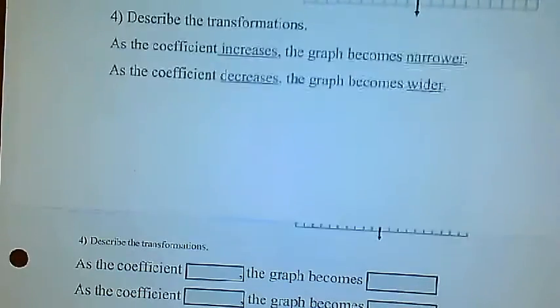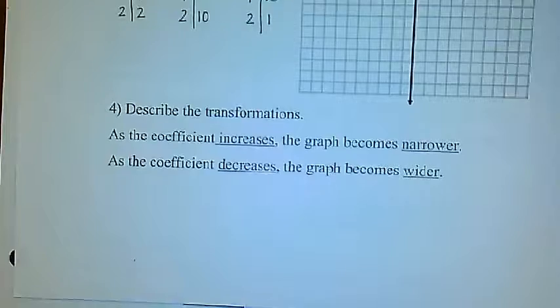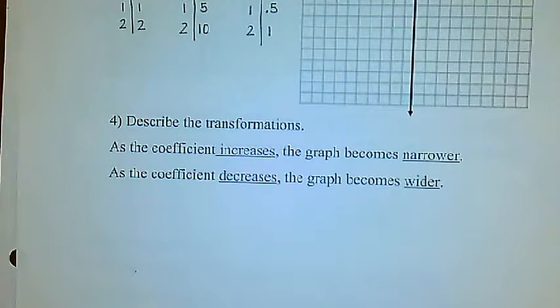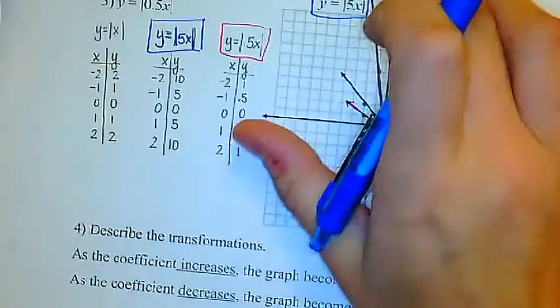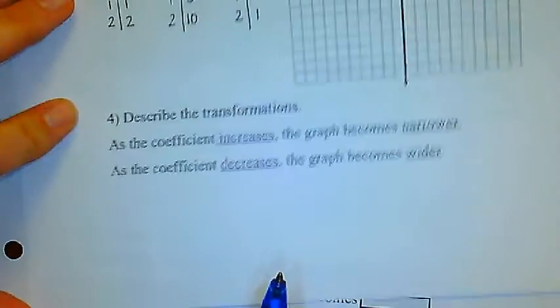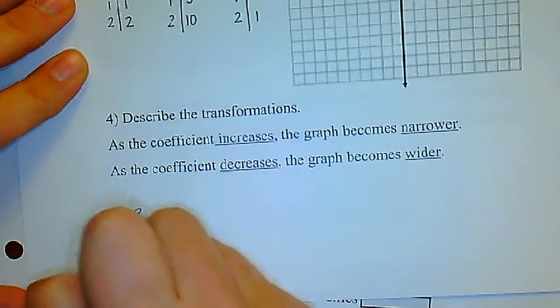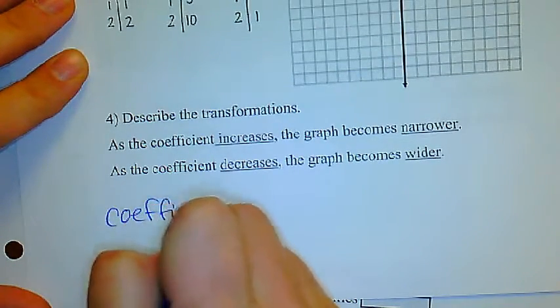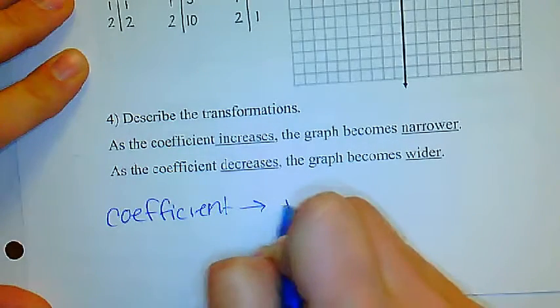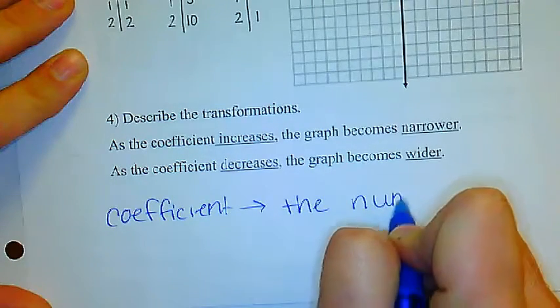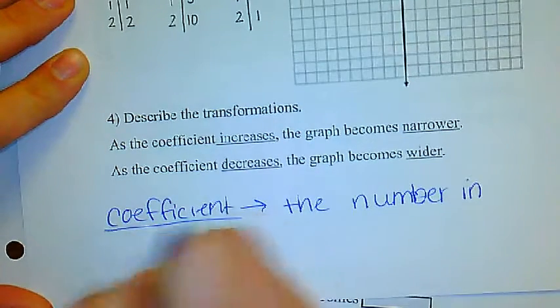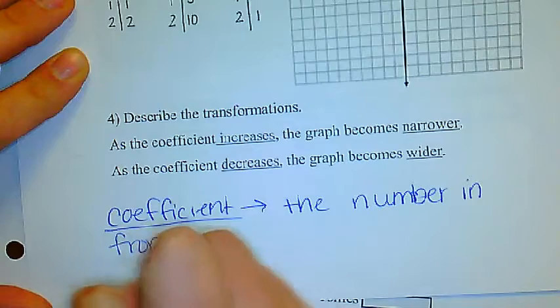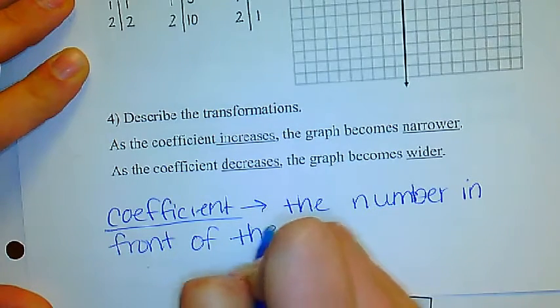Basically what we want to conclude from this is as the coefficient increases, and I'll actually just write it on here, the coefficient, just as a reminder, is the number in front of the variable.